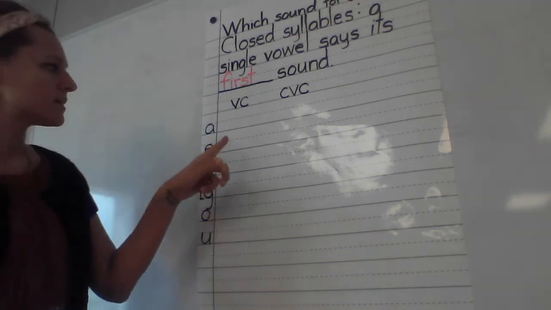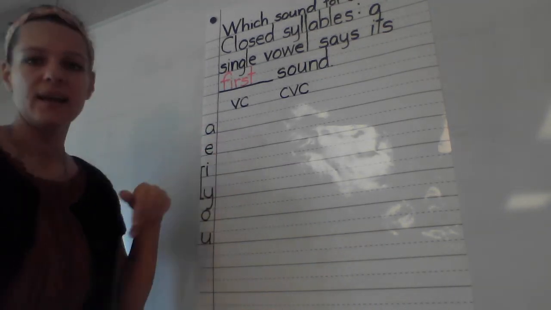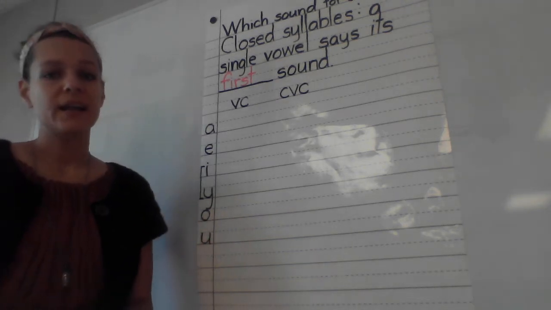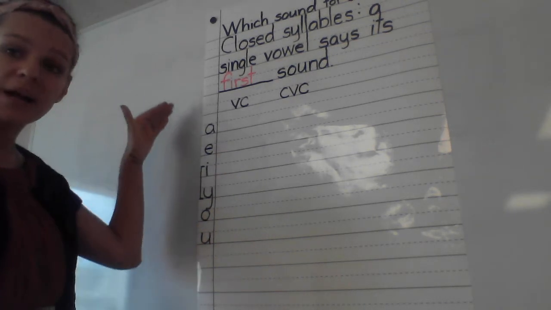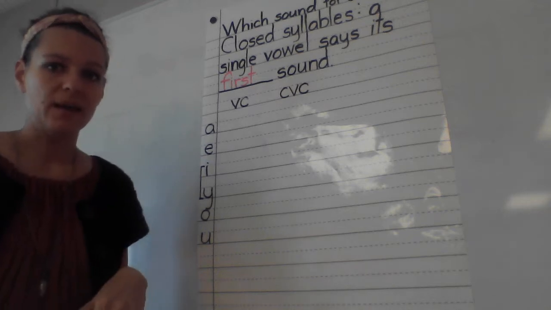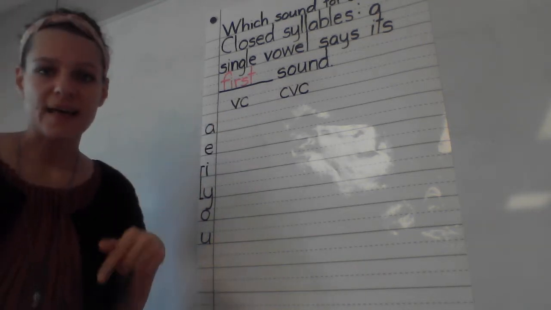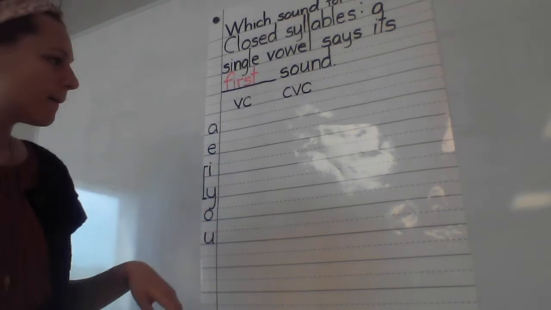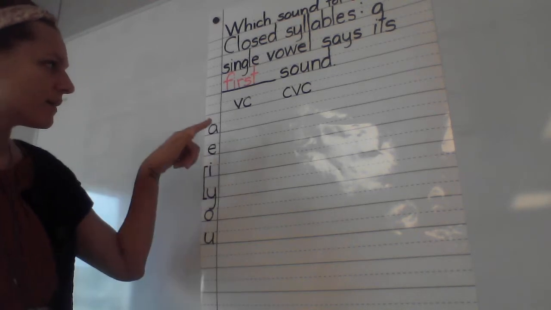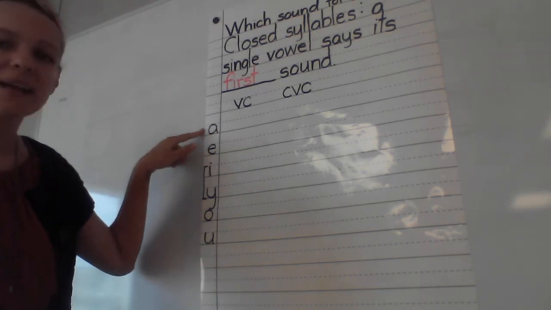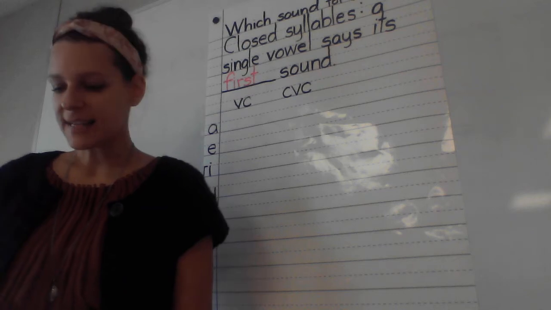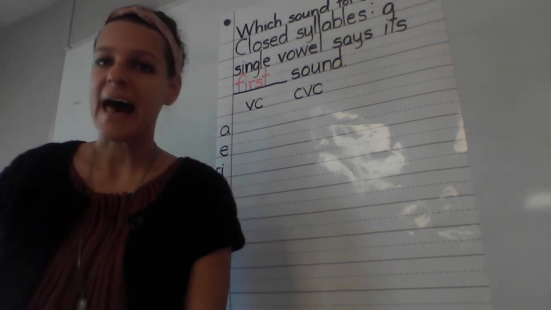All right, some of these we might need to do nonsense words because there might not be real words that are just a vowel and a consonant. But the first one I could think of that's a vowel and a consonant is at. Class, what sounds do we hear in the word at?